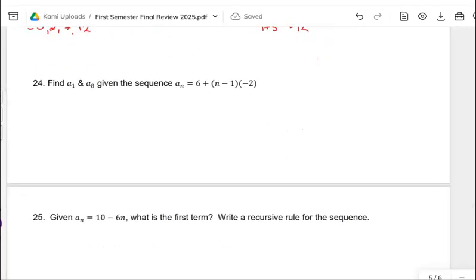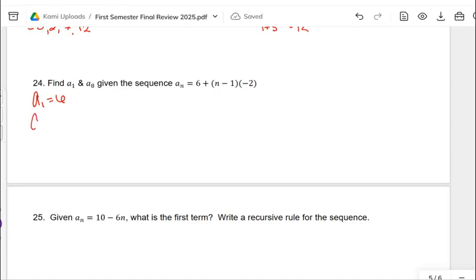24 says, find a1 and a8, given the sequence a sub n equals 6 plus n minus 1 times negative 2. So what you do for that, first off, you don't even have to plug anything in for a1 because I know from the formula that 6 is a1.